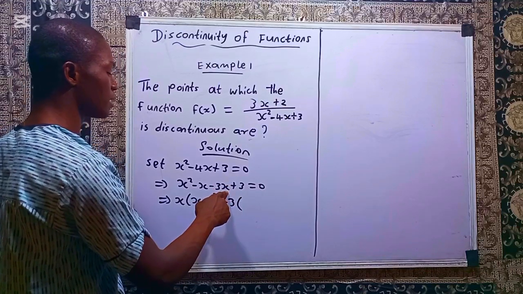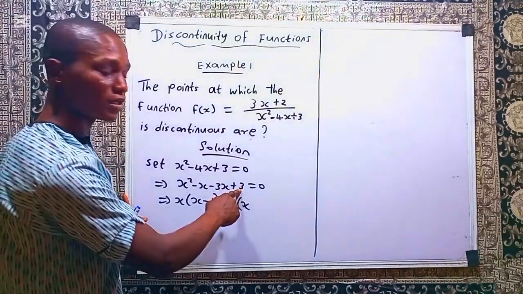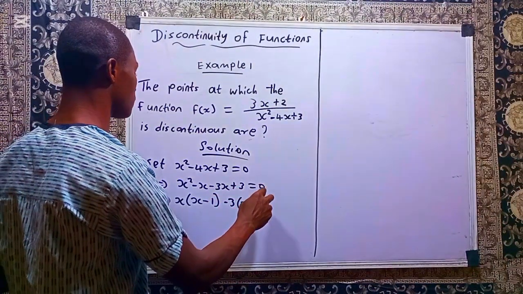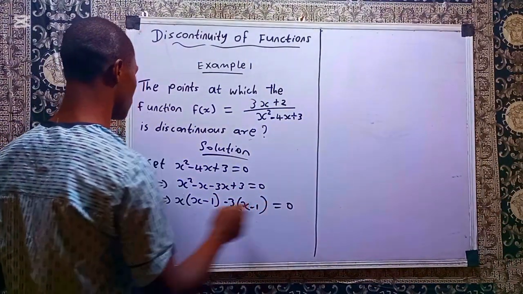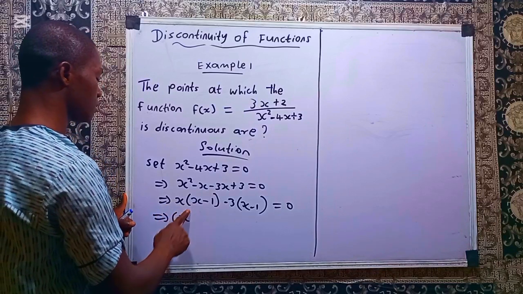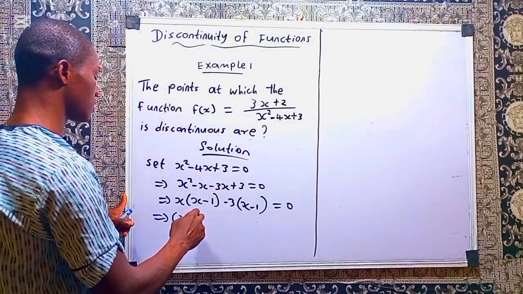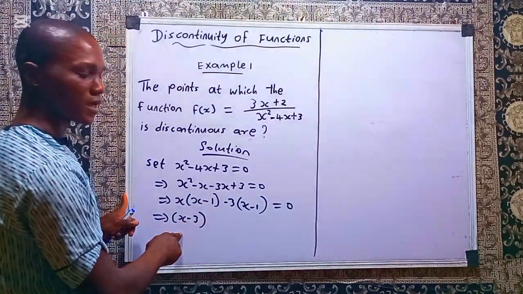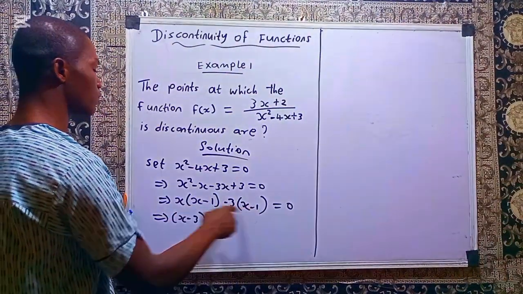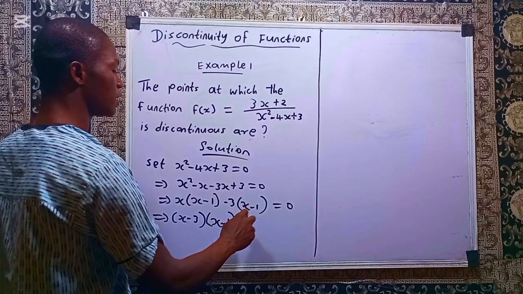Minus 3 divided by minus 3x, we have x, then minus 3 divided by positive 3, we have minus 1. Then we have equal to 0. We can pick the coefficients of this bracket, x, and the coefficient of this bracket, which is minus 3, and form a bracket. These two brackets are common, so we pick one of them, x minus 1, then equal to 0.